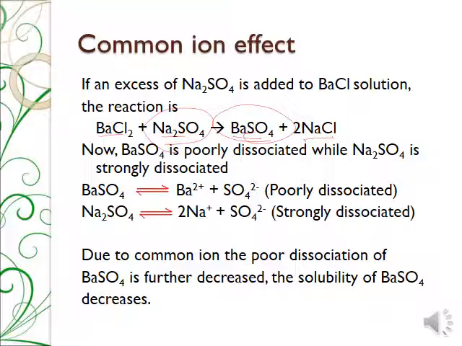When we write the dissociation of each, barium sulfate produces barium and sulfate, sodium sulfate produces sodium and sulfate. Due to the common ion, sulfate, the solubility of barium sulfate is further reduced.